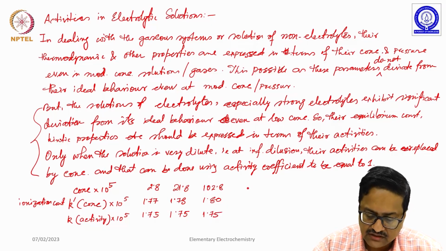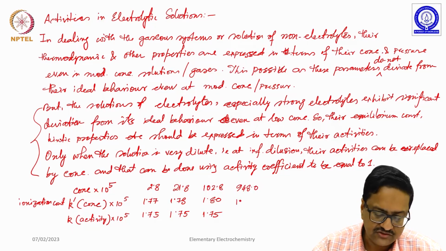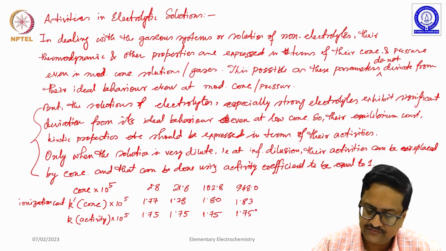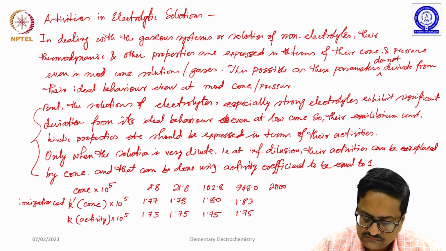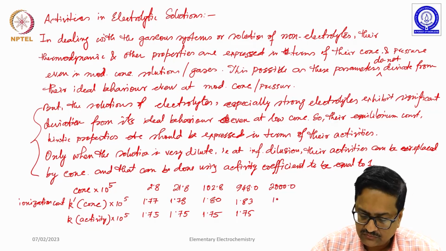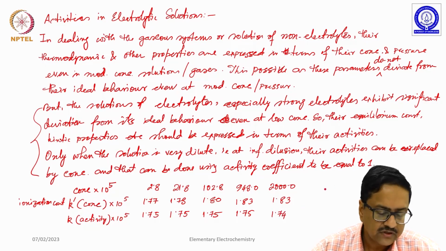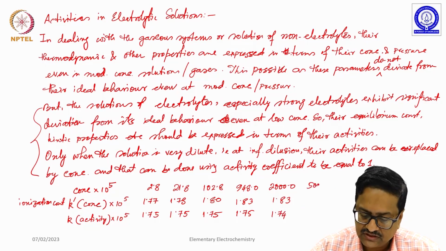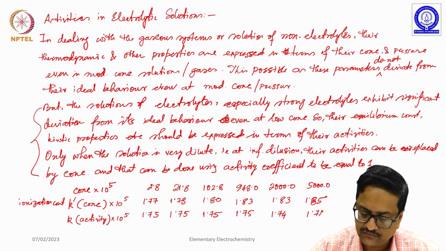Then further increase by about 9 times to 948.0, the values change to 1.83 and 1.75, which remains the same. Then at 2000.0 it is 1.83 and 1.74, whereas at 5000 it is 1.85 and 1.74.